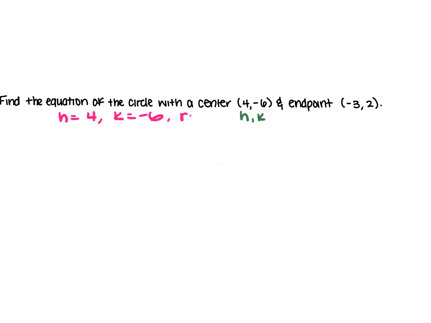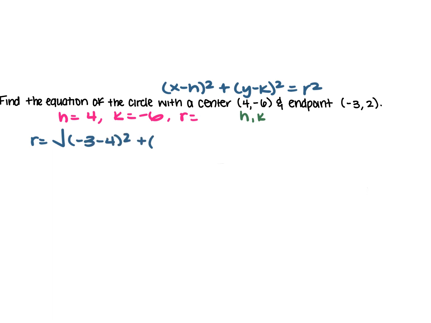You need to find your radius still, because you're plugging this into the equation of a circle, which is x minus h squared plus y minus k squared is equal to r squared. So, to find your radius, use your 2 ordered pairs. You're going to have the square root of negative 3 minus 4 squared plus 2 minus negative 6 squared.